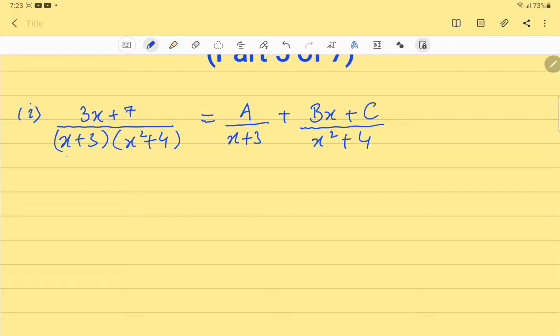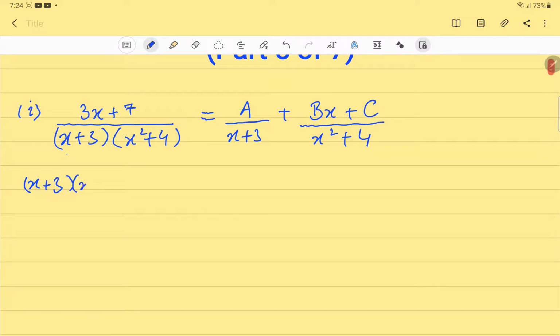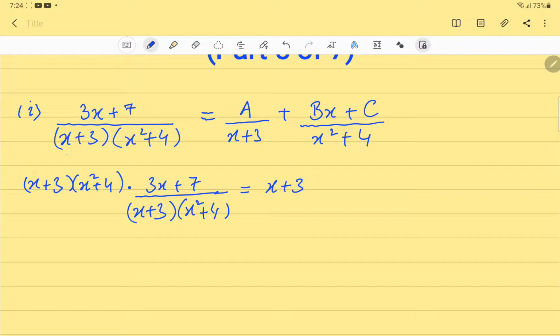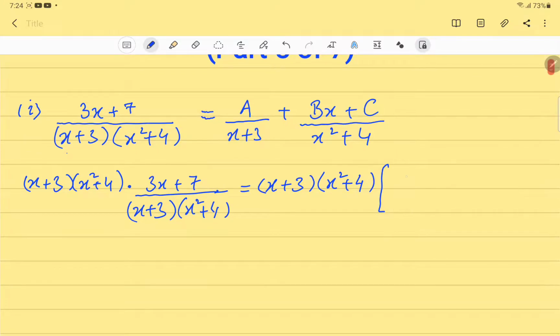Now we will multiply both sides by (x + 3)(x² + 4). So (x + 3)(x² + 4) into (3x + 7) over (x + 3)(x² + 4) equals (x + 3)(x² + 4) into A over (x + 3) plus (Bx + C) over (x² + 4).